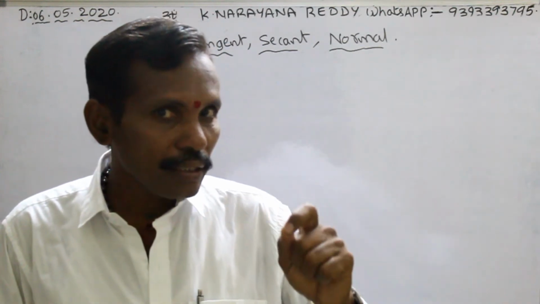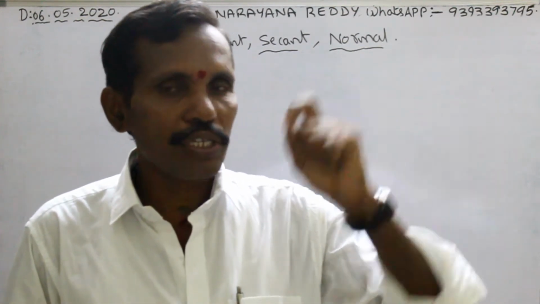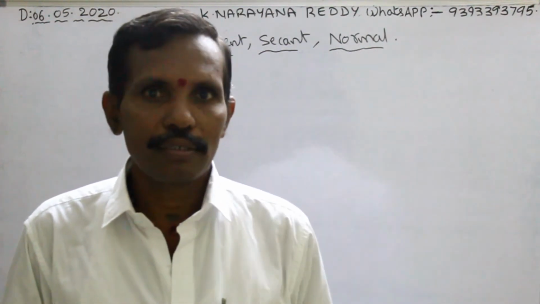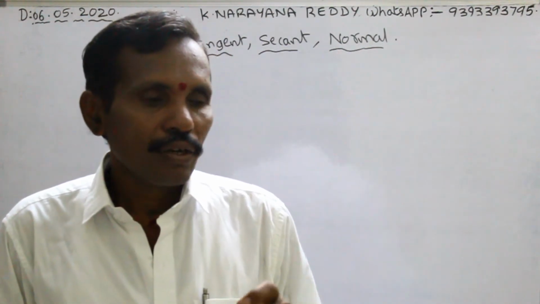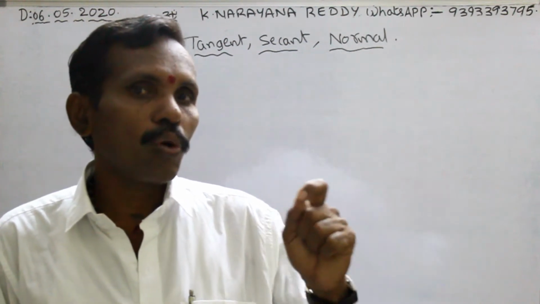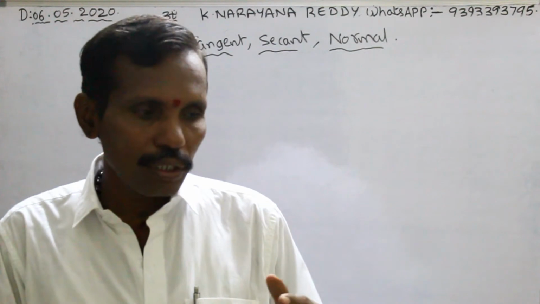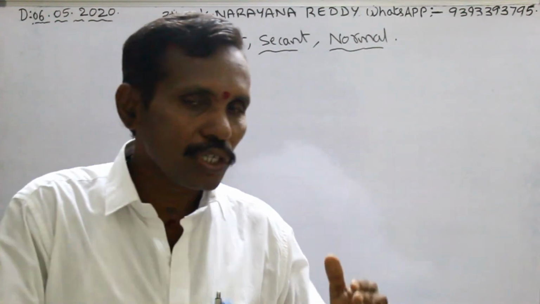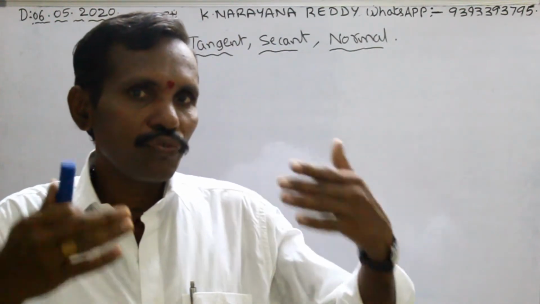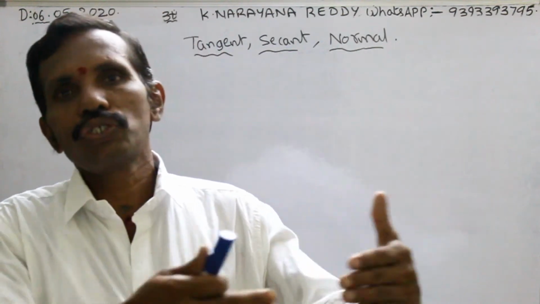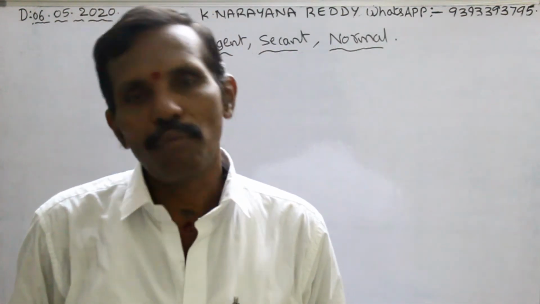Why are these derivatives used in geometrical interpretation, geometrical formation? They are used for finding slope and for finding length. In this way, derivatives have so many useful uses in geometrical formation.